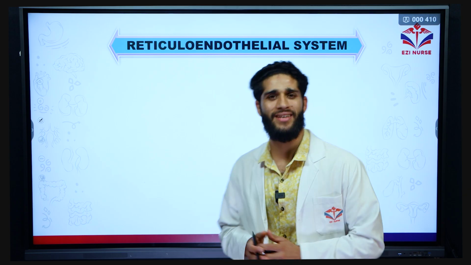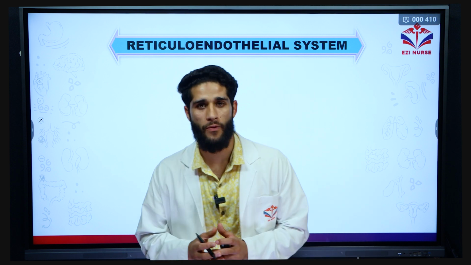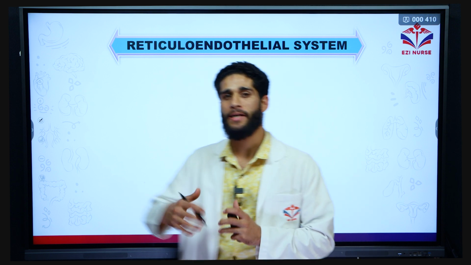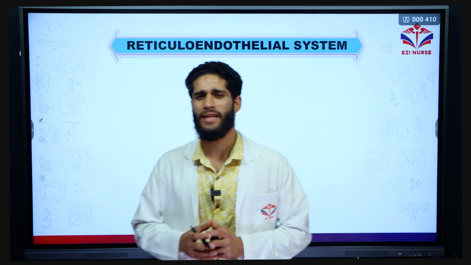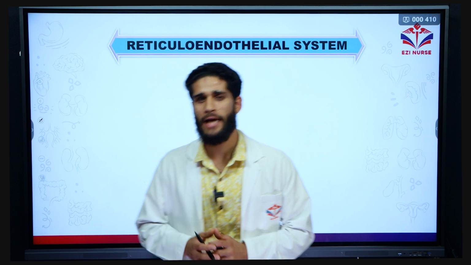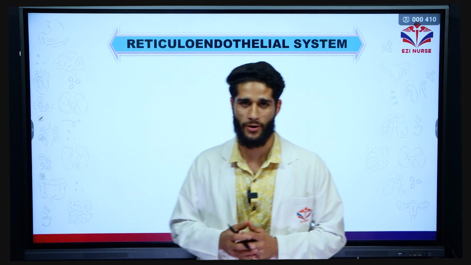This reticuloendothelial system is basically a series of cells. This is a various group of cells that take part in defending our body from various locations, in the different areas of our body, in protecting and defending the body from pathogens and various other microorganisms.